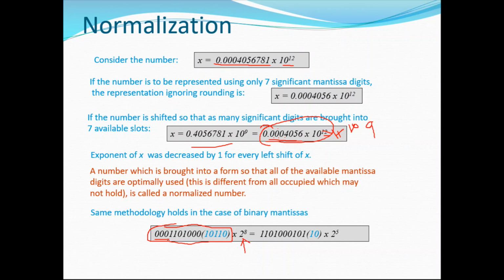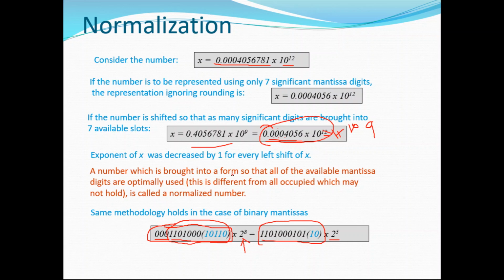So the leading zeros do not make any sense in fractional numbers. I mean, it makes sense, but it can be adjusted. So what you are doing is shifting it 3 times, and whenever you shift, you decrease 1. So when you shift 3 times, it becomes 8 minus 3. So we take only this part, and that can be multiplied with the exponential 2 to the power 5.